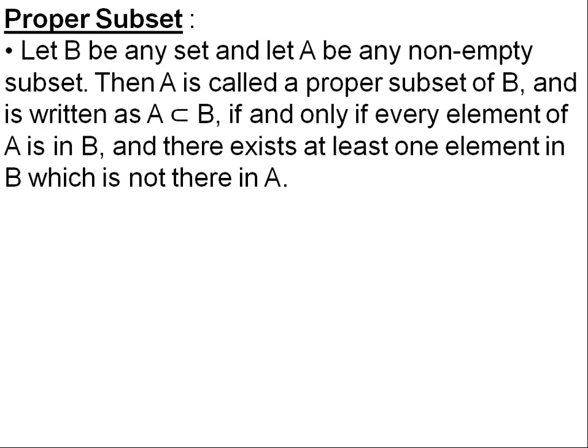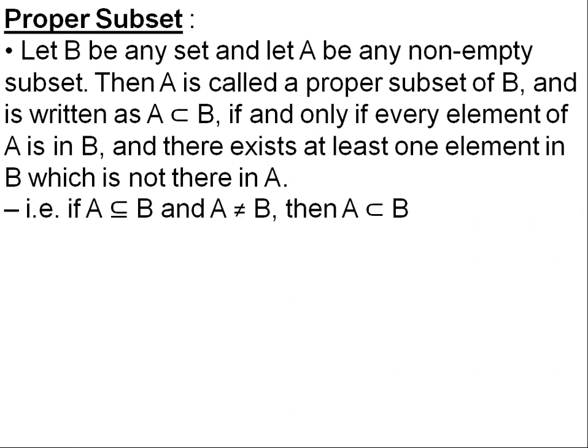Let B be any set and let A be any non-empty subset of B. Then A is called a proper subset of B and will be written in this given form if and only if every element of A is in B and there exists at least one element in B which is not there in A. That means B contains extra elements. Though A is a part of B, still a few extra elements are there in B which are not there in A. Then A will be called a proper subset of B.